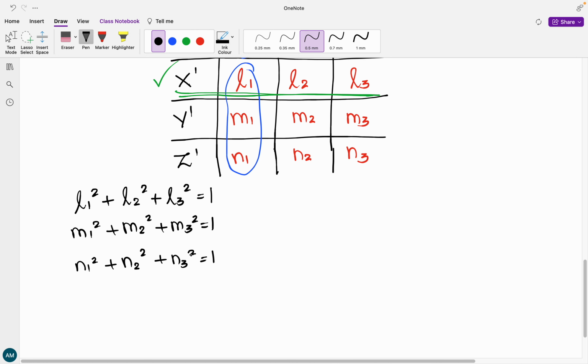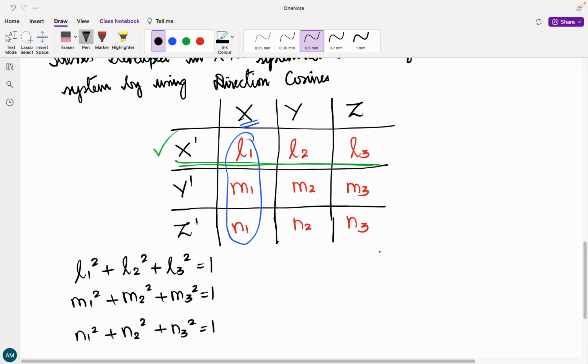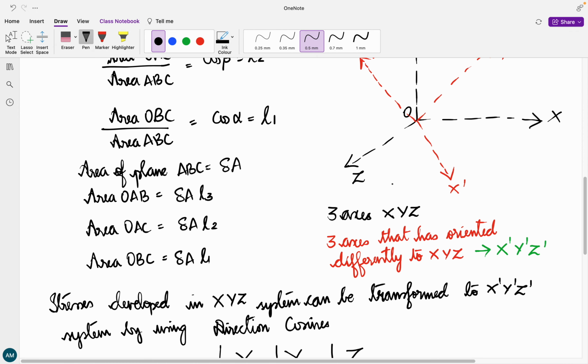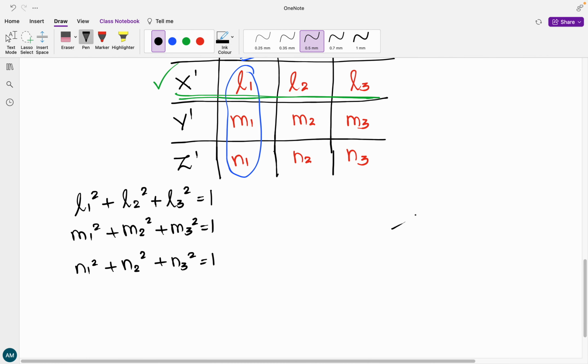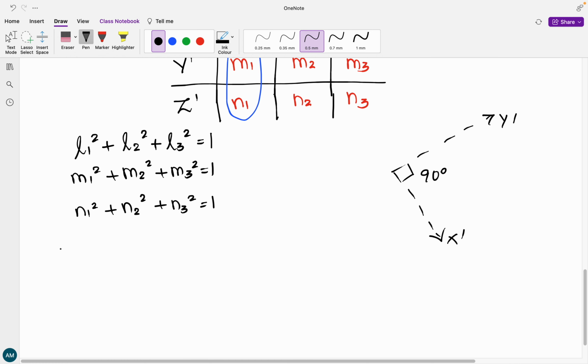Alright. Now, let us say we are going to consider two lines such as OX dash and OY dash which have different direction cosines L1, L2, L3, M1, M2, M3. I am talking about X dash, Y dash. Okay, it is drawn something like this. This is X dash and then this is Y dash. We know that the angle between them is going to be 90 degrees. So the direction cosine of x dash is what?